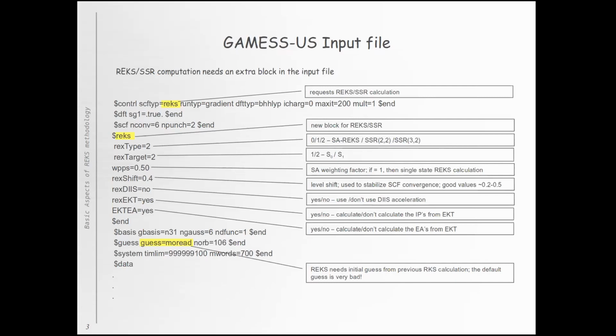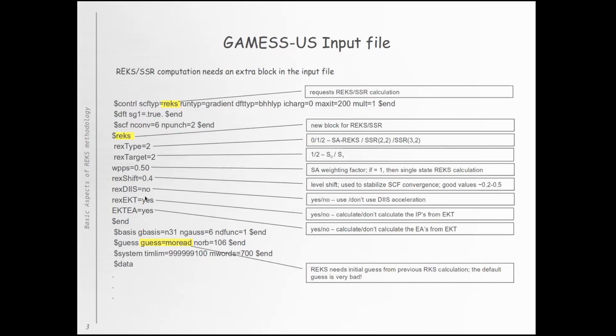So regarding the SCF convergence, level shift is one of the acceptable ways of stabilizing SCF convergence. And DIIS, I tried to implement DIIS in its simplest form, commutator form.